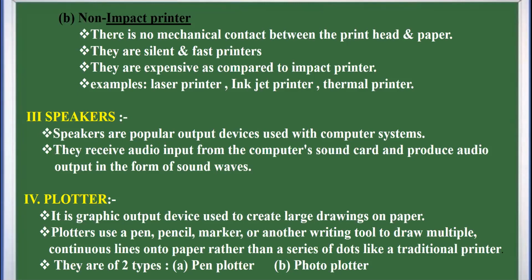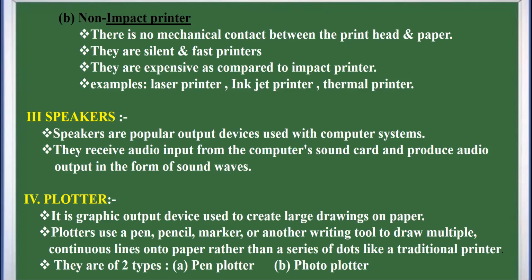Then the plotter output device is used to print large size drawings. You might have seen the architect when they bring the map, the large size drawing of the house, or any large shape drawing on large size paper, which is not possible to take from the printer, is done with the help of a plotter.